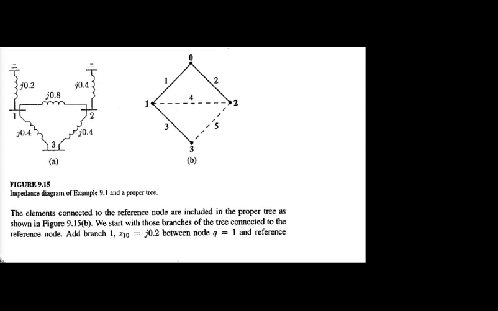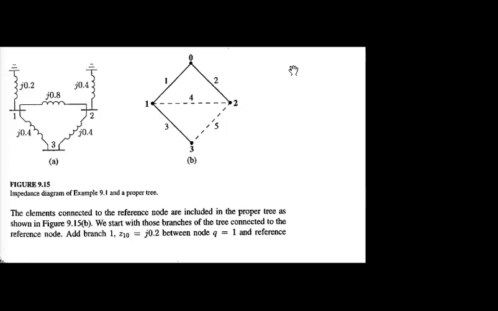So in short, if we just wrap up the topics that we have discussed today, we may have been given the circuit in terms of an impedance diagram. First of all, we have to determine the tree diagram from that impedance diagram. Then we have to generate the branch and link path, and then at the last stage we have to consider all the elements to form its Z bus from scratch.